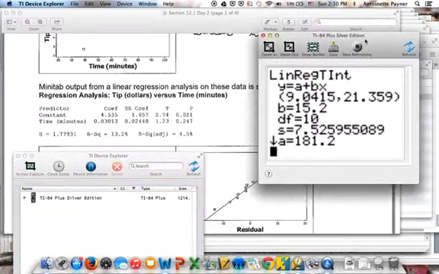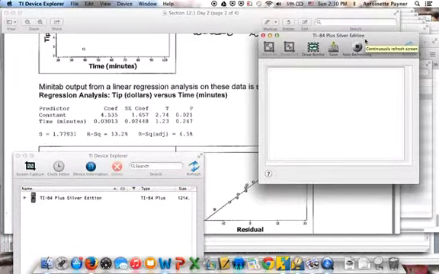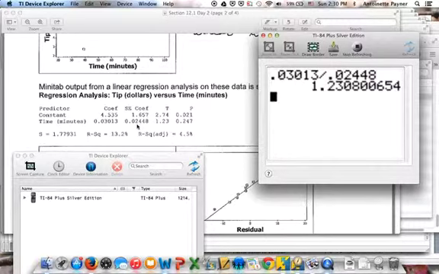So my b is 0.03013, and I'm going to divide it by the standard error of the slope, which is that number right there, the 0.02448, and there's that 1.233, or 1.23.